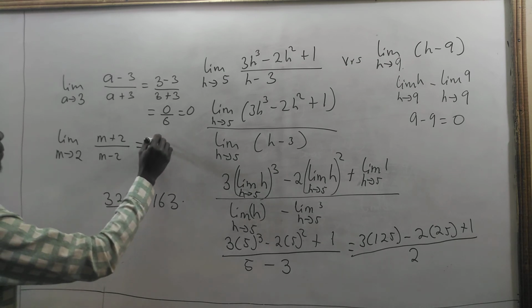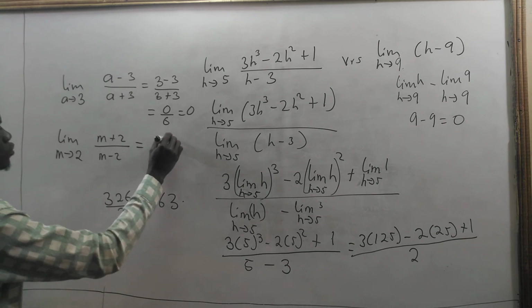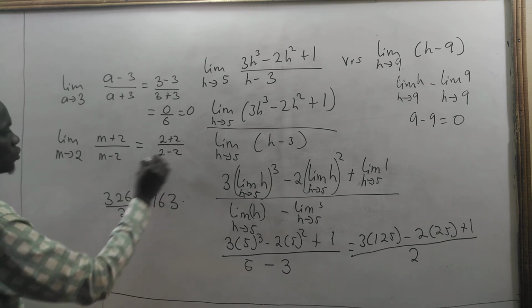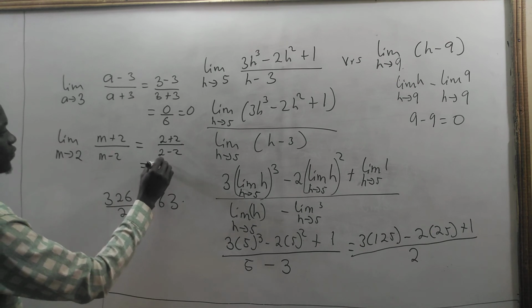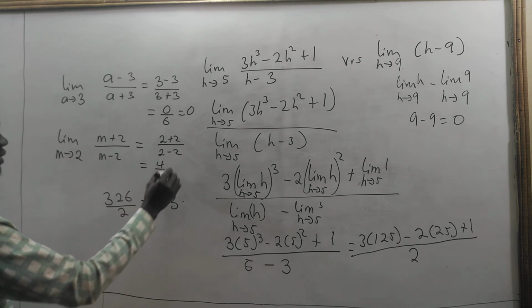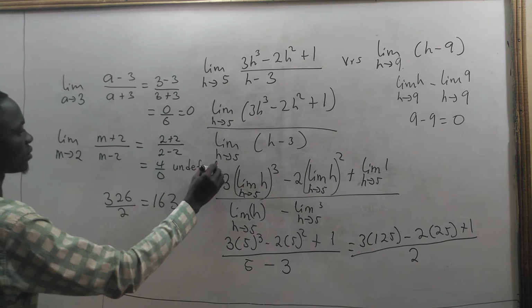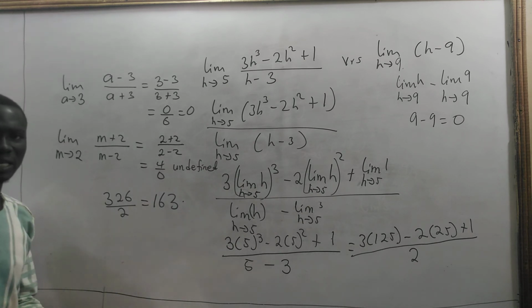That will give us 2 plus 2 on 2 minus 2. That will give us 4 divided by 0, and that is undefined. Division by 0 is undefined.